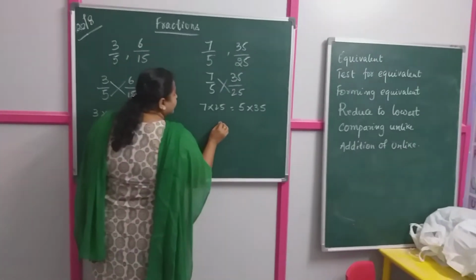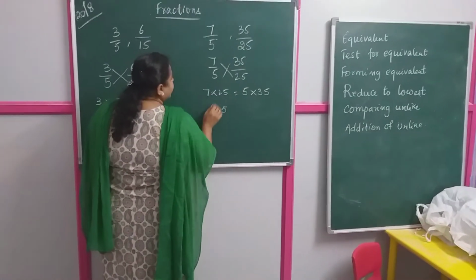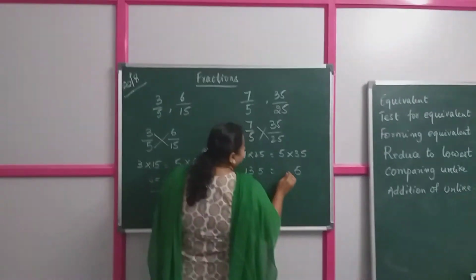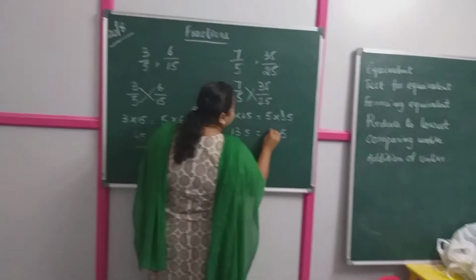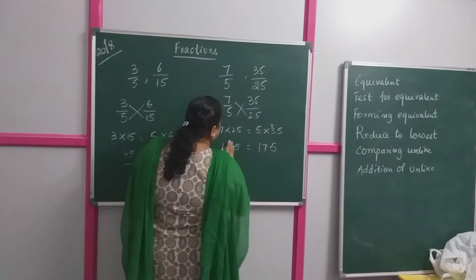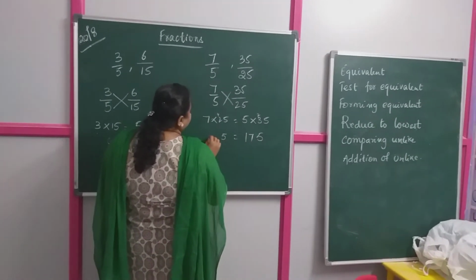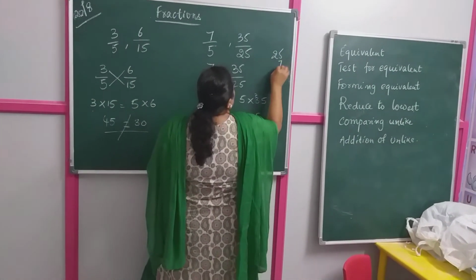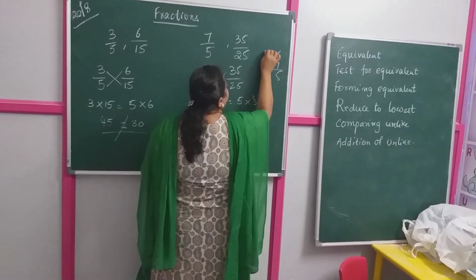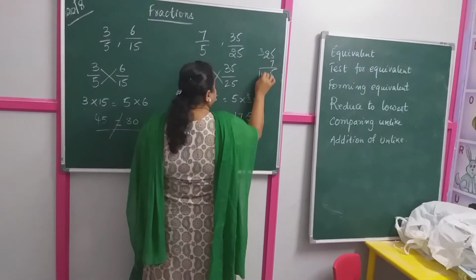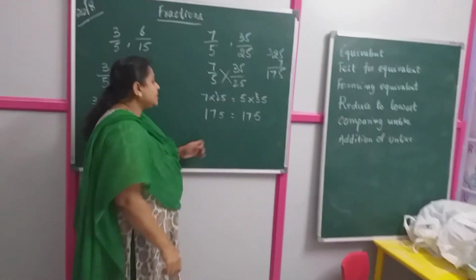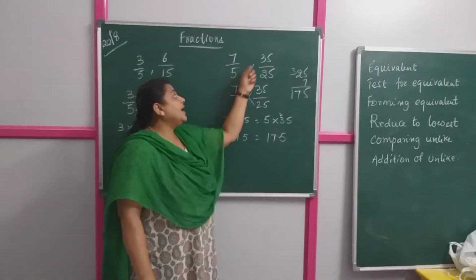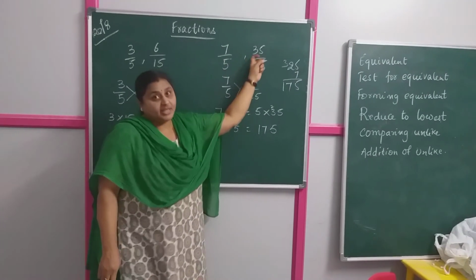Now 7 5s are 35, 7 2s are 14 plus 3, 175. 5 7s are 35, 5 3s are 15, 5 5s are 25, so 175. Now see, 175 is equal to 175. Therefore, 7 by 5 and 35 by 25 are equivalent fractions.